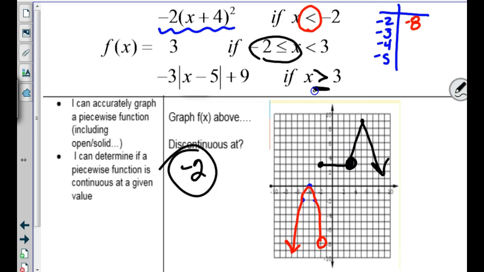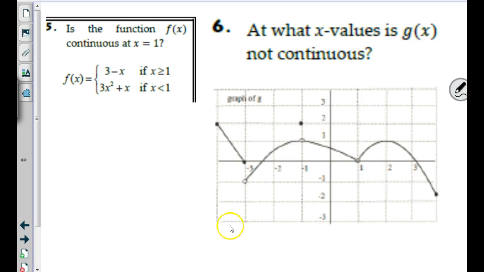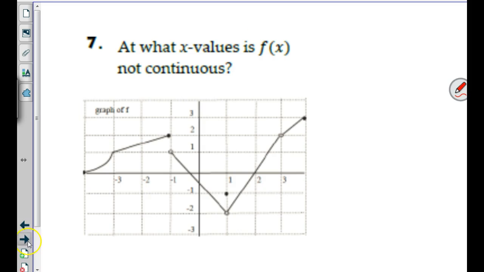So if this had an or equal to, it would then fill in that circle and keep going. No, the only discontinuity was over here at -2. It is not discontinuous at 3 because they overlap and touch, okay? All right, so here's a piecewise. It's discontinuous here at -3. It's also discontinuous here.